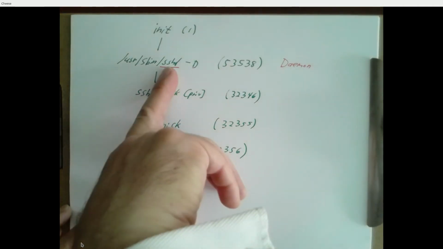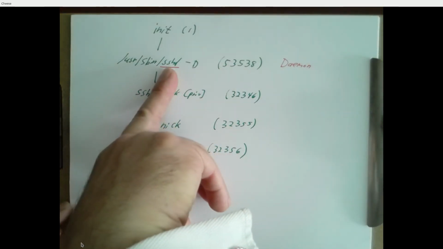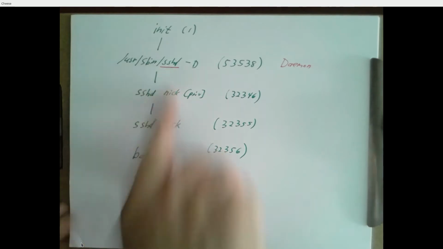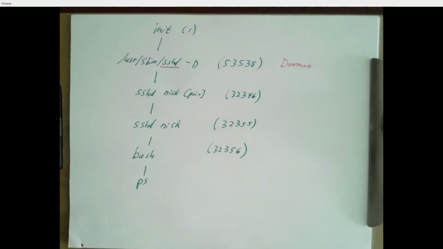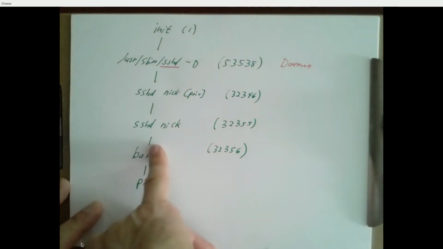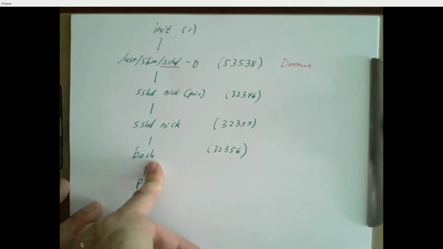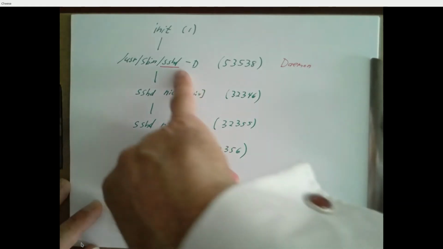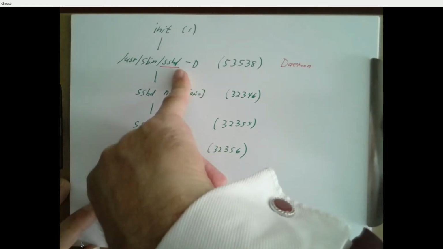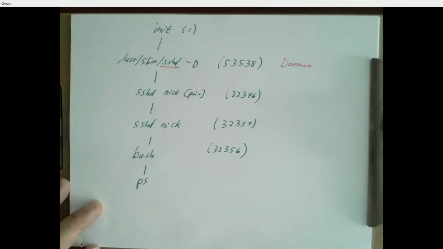But this daemon continues to run in the background, right? It's got to continually listen for incoming connection requests. And so it can't be running bash and waiting for me to type in commands and sending me responses back. Because if it did that, other people wouldn't be able to connect, right? So this thing sits in the background, waits for connection request. If it finds a connection request, it makes a new process.